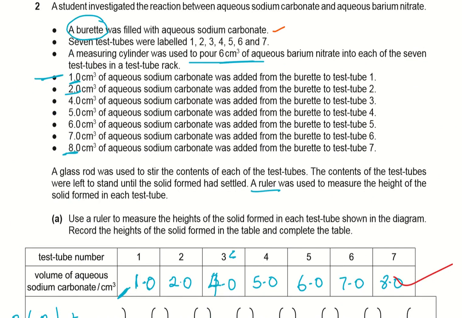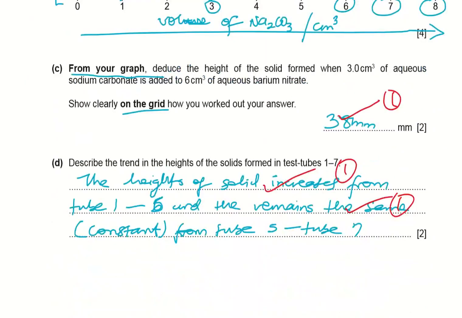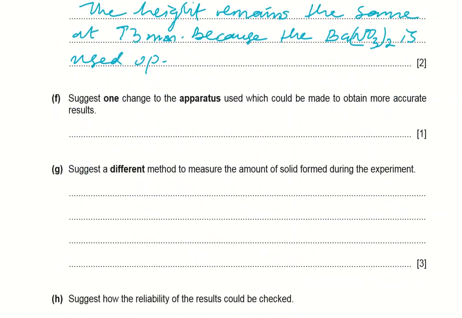Now the use of a measuring cylinder to measure cm cube of barium nitrate into each of the 7 test tubes, we could suggest a better apparatus. Instead of using a measuring cylinder, we could use a burette or a pipette. So using a burette is an improvement on this. Let's just choose a burette.